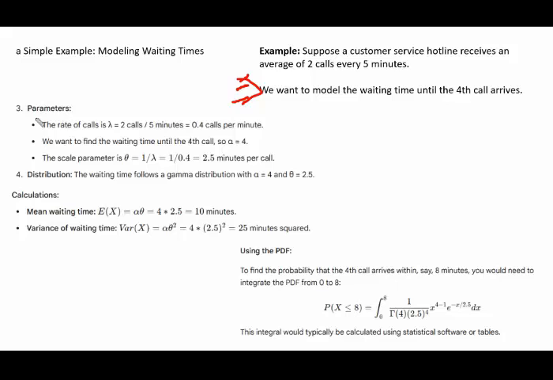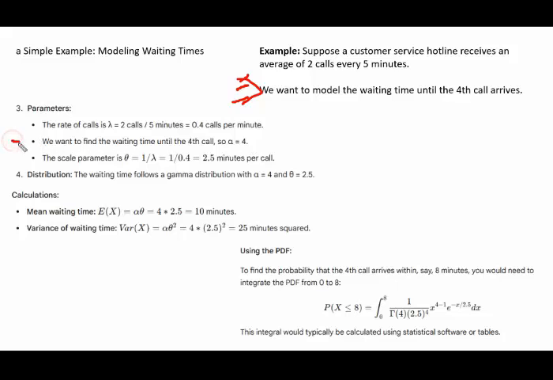So our parameters are gamma, theta and alpha. Gamma is the rate of the calls. It means two calls in 5 minutes, which equals 0.4 calls per minute. And we want to find the waiting time until the fourth call, so alpha equals 4.